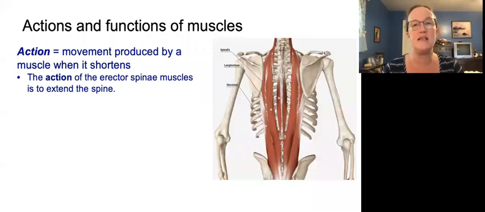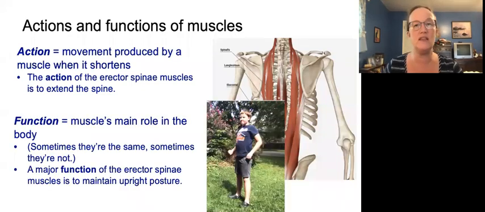We can contrast that with the function of a muscle. You can think of the function of a muscle as sort of being its role in the body in everyday life, one of the important things that it does. And sometimes the function is the same as the action, and sometimes it's not. So for example, although the action of the erector spinae muscles is to straighten the spine, and that is very important, they have another very important function, and that is to hold the torso upright.